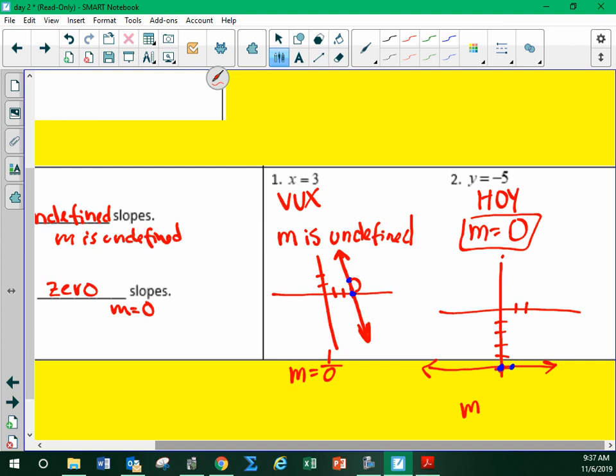How much do I go up or down? 0. I didn't go up or down at all. And then I go to the right one. If I have 0 cookies to give to 1 person, how many cookies do I get? 0. And if you put in your calculator, 0 divided by 1 is 0.